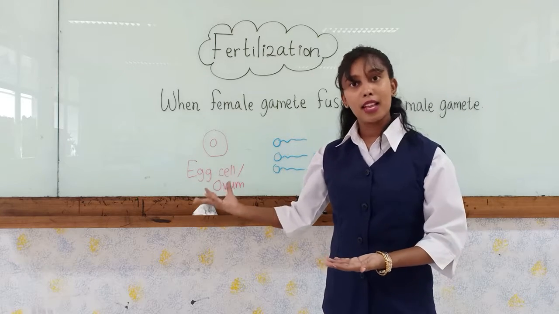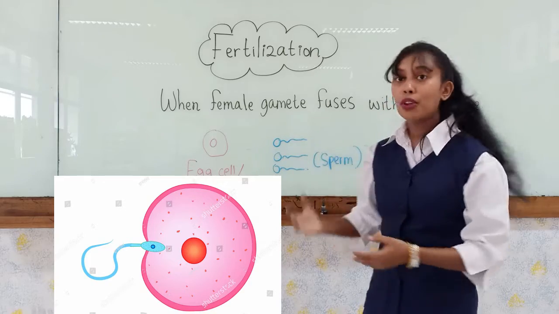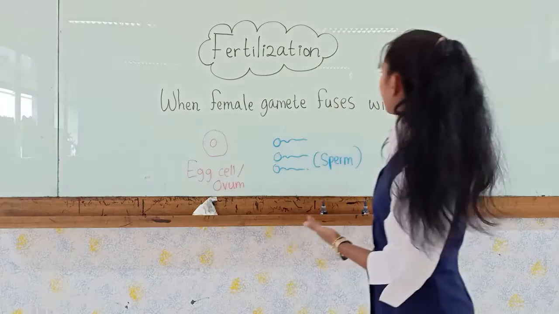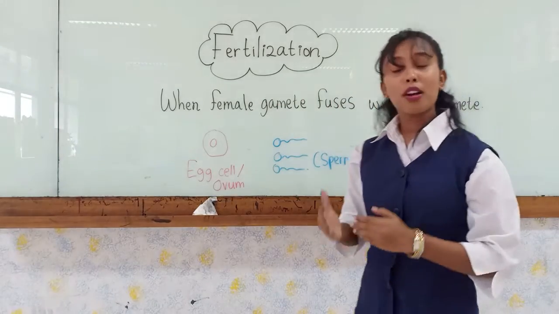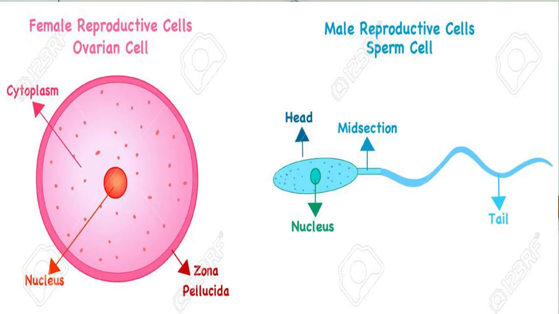So this egg cell or ovum must fuse, that is, connect, with a male gamete. What are male gametes? A male gamete is also a male sex cell. We call the male sex cell a sperm.